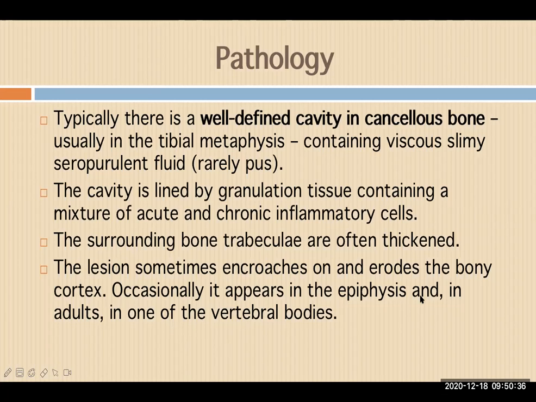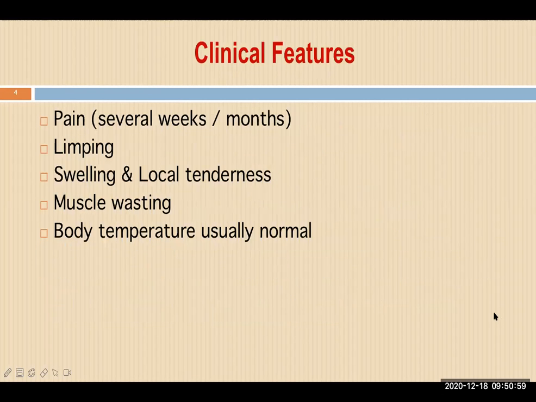Occasionally it appears in the epiphysis, and in adults in one of the vertebral bodies as well. Now let me repeat again. Mainly it is found in the metaphysis. The metaphysis is between the epiphysis and diaphysis. So very rarely it occurs in the epiphysis, that means exactly at the end of the bone, or in adults it may develop in the vertebral bodies as well.